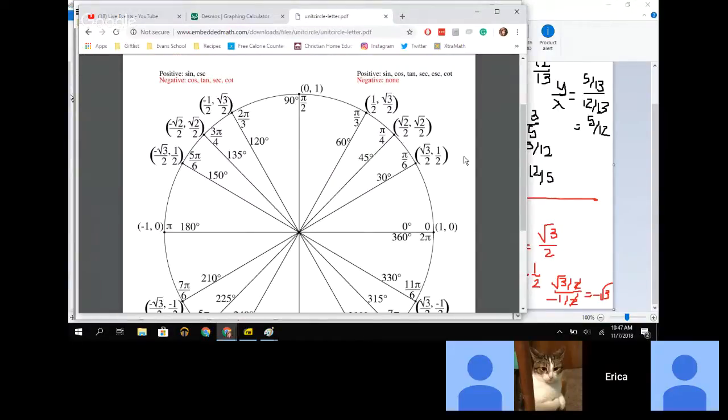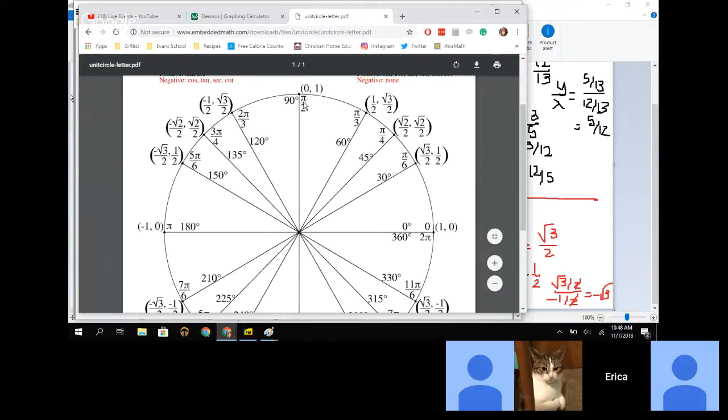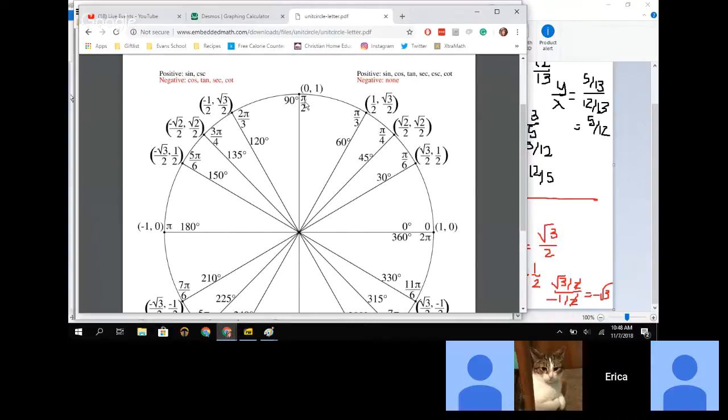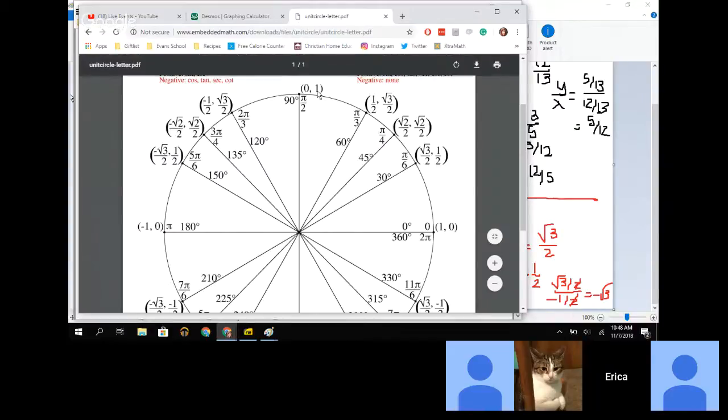But what if you wanted to take the tangent of 90 degrees? The tangent of 90 degrees, or the tangent of pi over 2. Well, the tangent, if you remember, is y over x. So the tangent will be 1 over 0. And are we allowed to divide by 0?